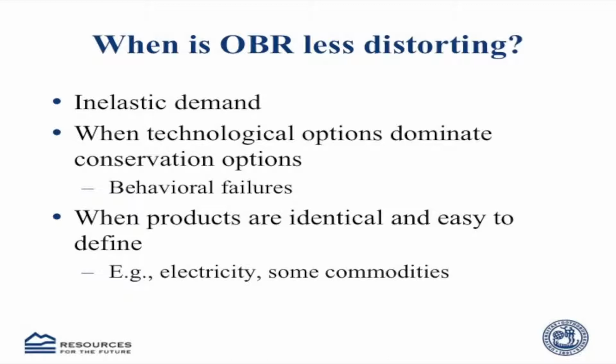You're not going to use that as one of your means of reducing emissions, and so it doesn't matter. In general, when abatement is going to be done primarily through technological options rather than conservation. There may be behavioral failures in conservation markets. We hear about that a lot. So that might be another situation where you're less worried about the rebate.